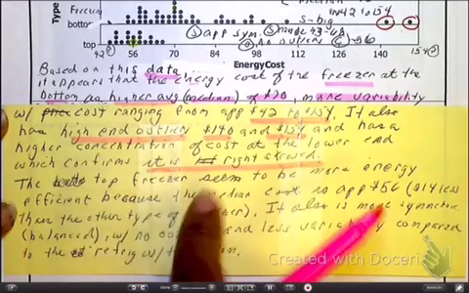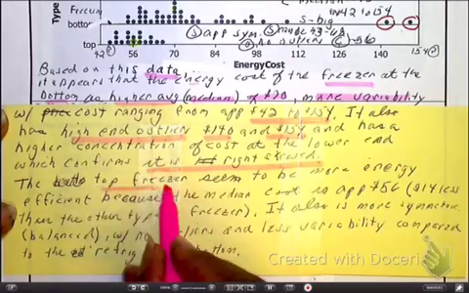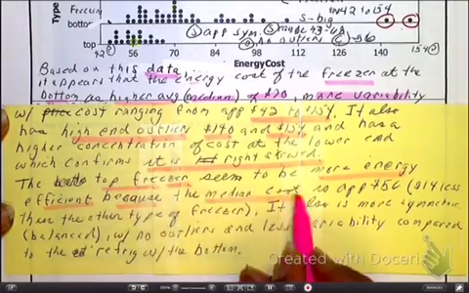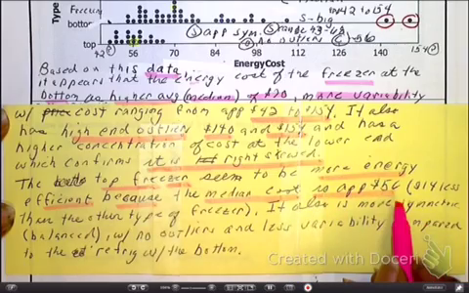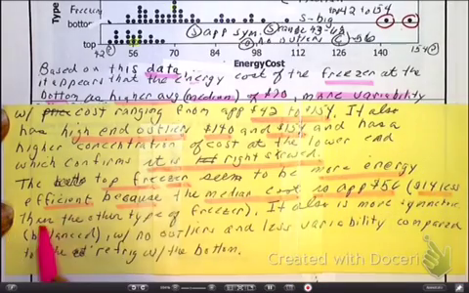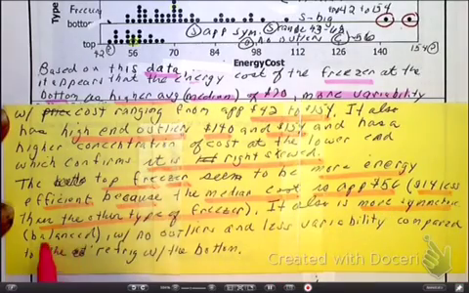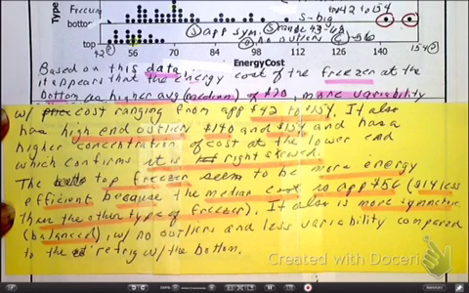Here I've got the top freezer seems to be more energy efficient because the median cost is approximately $56, so that's $14 less than the other type of freezer. It is also more symmetric, which means it's more balanced in terms of the samples, and when it's more balanced, you have consistency.